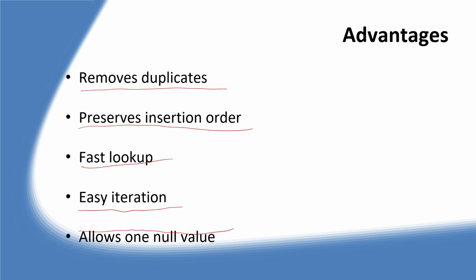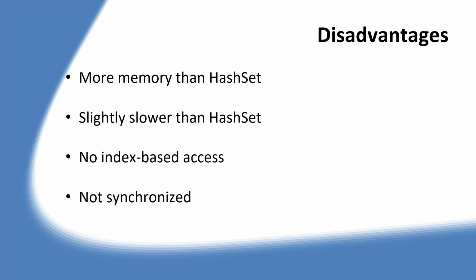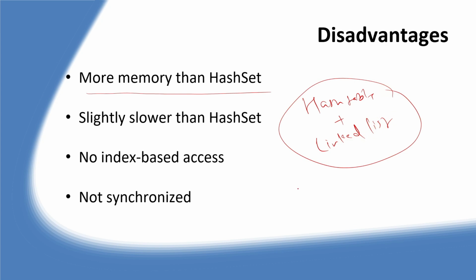So apart from advantages, LinkedHashSet has some disadvantages as well. Because, see, more memory. Why do we say more memory than HashSet? We know the internal data structure being used in LinkedHashSet is hash table plus linked list. We are learning LinkedHashSet, right?